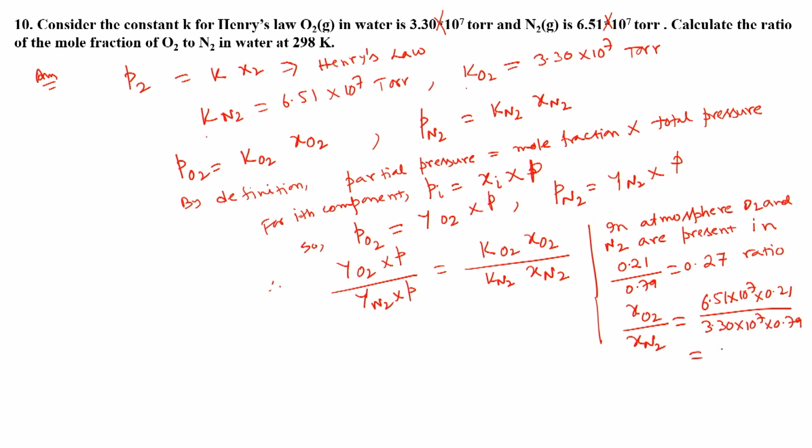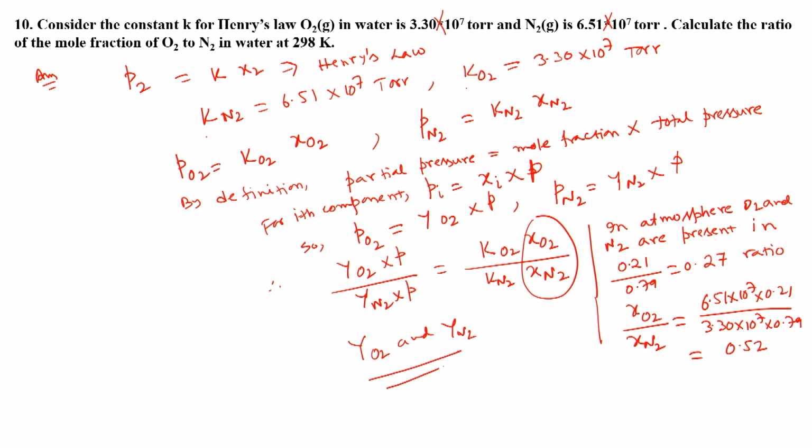So we get the value 0.52. So this value we have got, and KO2 and KN2 are given. So if we substitute everything there, we get the value of YO2 and YN2, right.